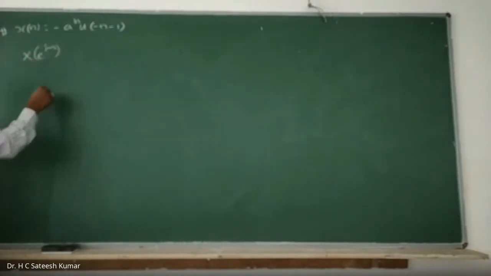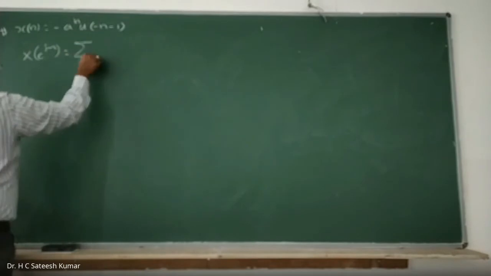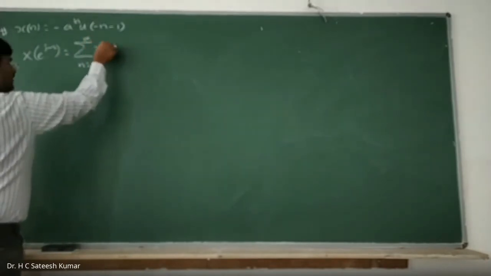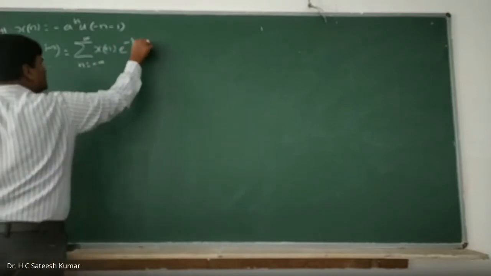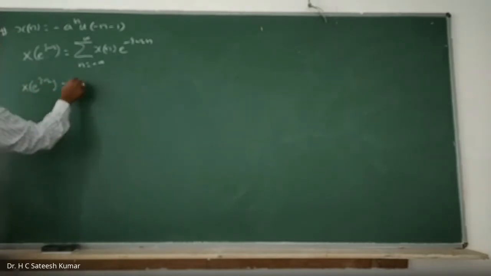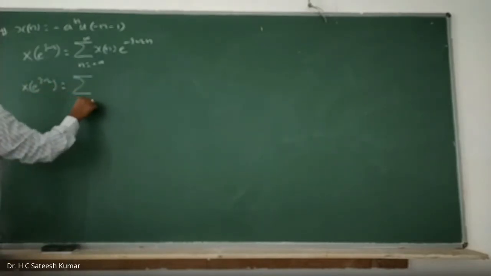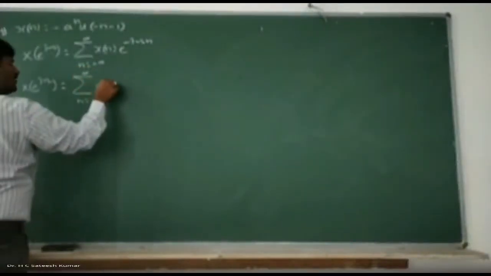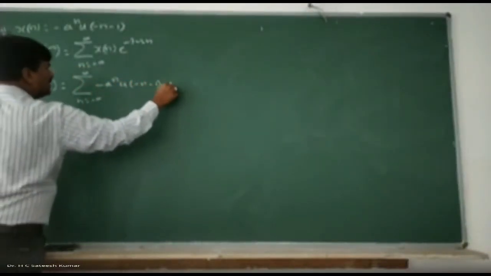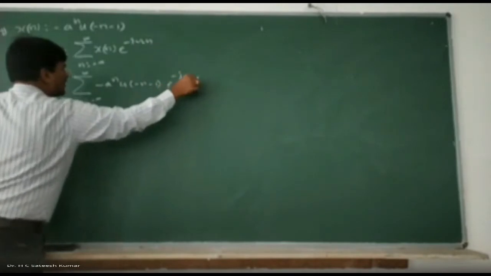X of e to the power of j omega is equal to summation n varies from minus infinity to plus infinity x of n into e to the power of minus j omega n. This is nothing but equal to what? X of e to the power of j omega is equal to summation n varies from minus infinity to plus infinity minus a power n into u of minus n minus 1 into e to the power of minus j omega n.